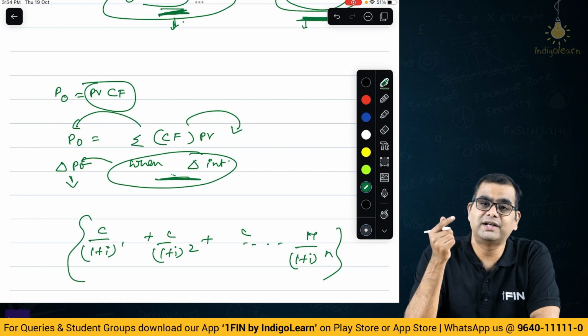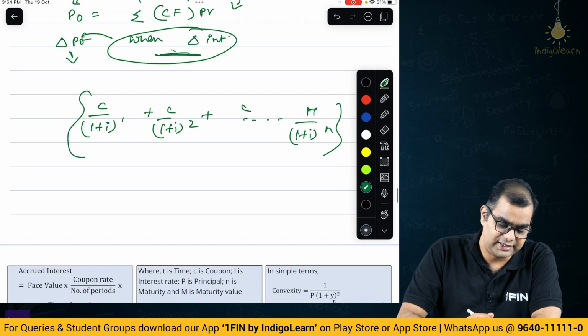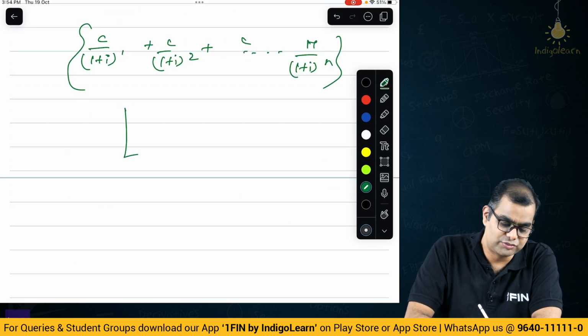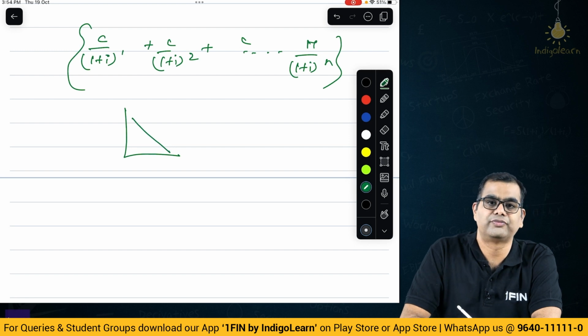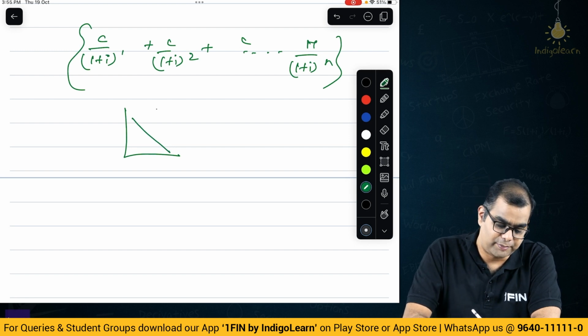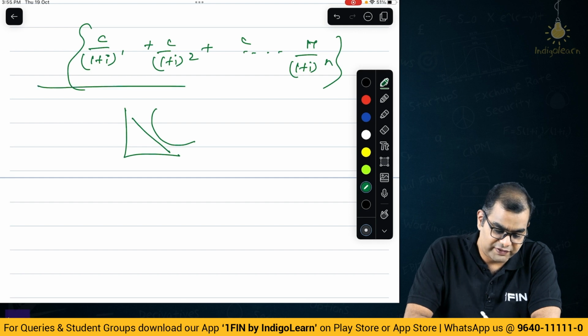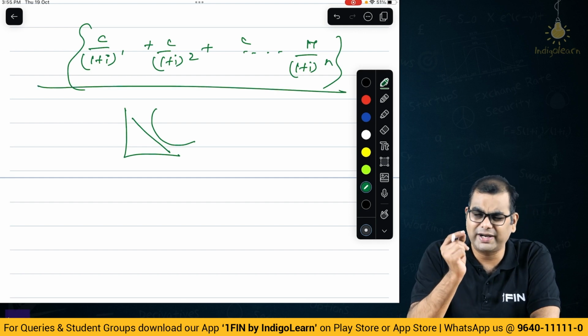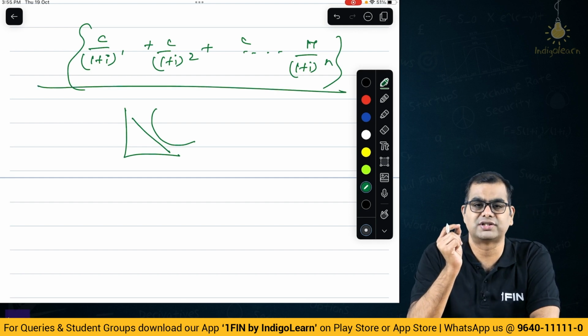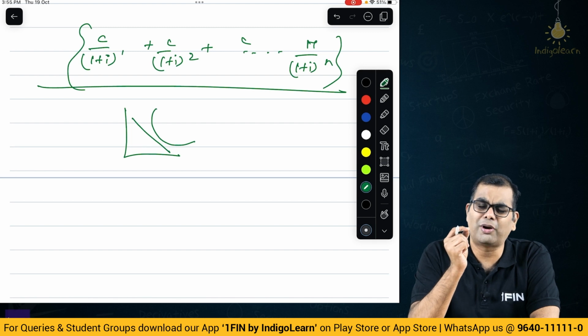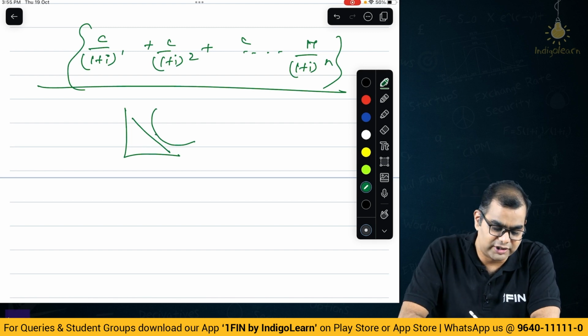But the differentiation assumes a linear relationship. Whereas the price is a curve, it's a convex curve. So, differentiation applies for very, very small changes. For very small changes, you probably get an approximately right value along the curve.